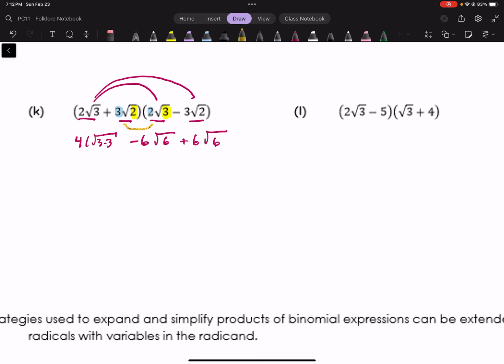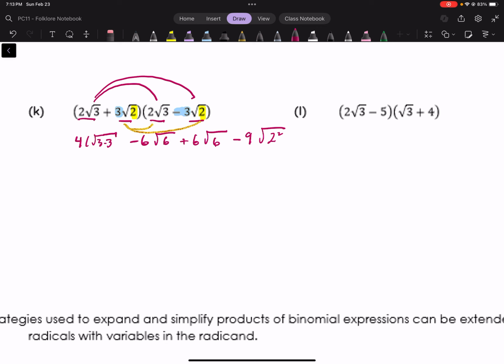Now I'm not done my multiplications because I have to carry out the second multiplication. I'm going to multiply 3 times negative 3, and that creates a coefficient of negative 9. And when I multiply my radicals, root 2 times root 2 creates the square root of 2 squared.